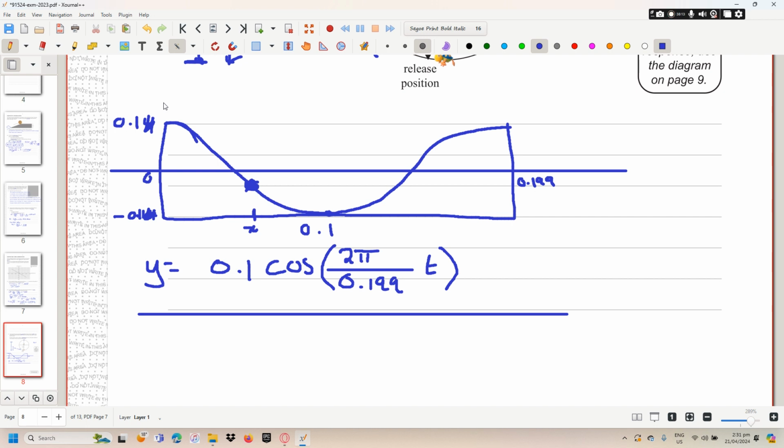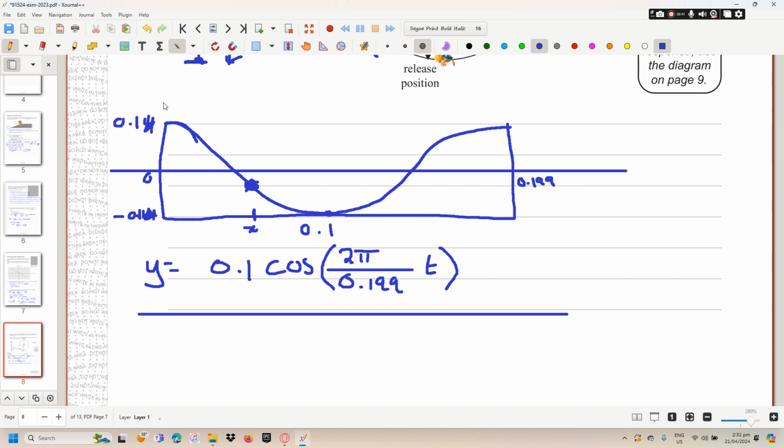And set your view window so that you are going from 0 to 0.2, and your y needs to go from negative 0.1 to 0.1. And it'll trace a cosine graph. Now you go back to graph and you put a line at negative 0.04, and it'll trace a line through the graph for you.